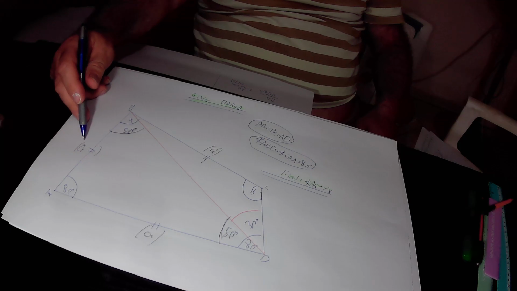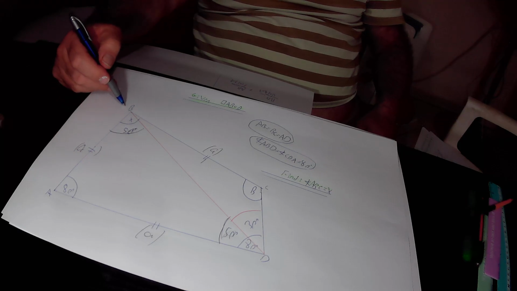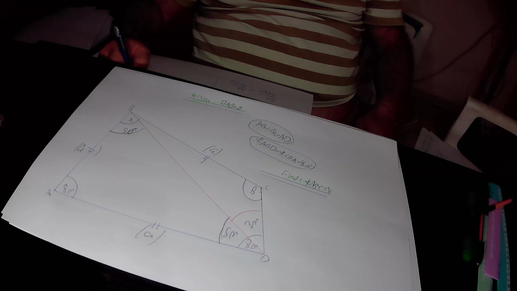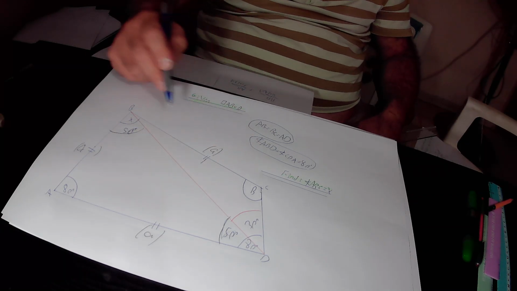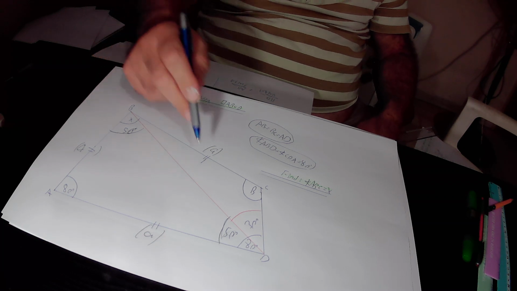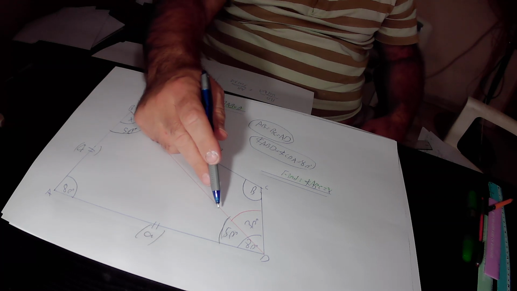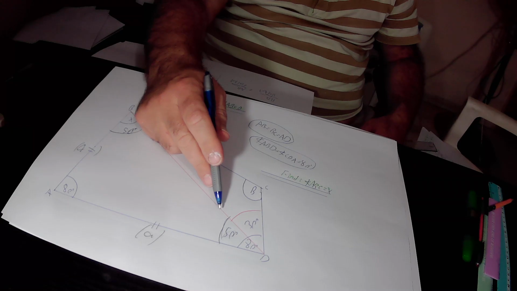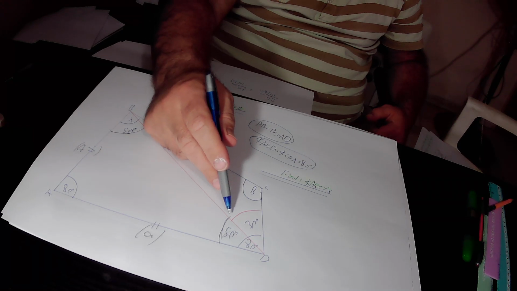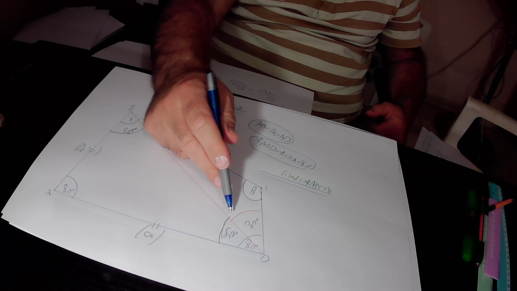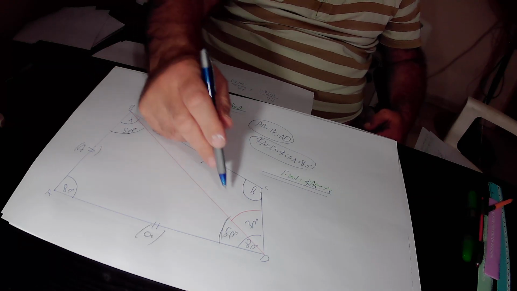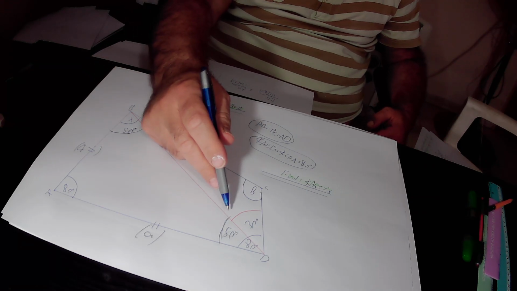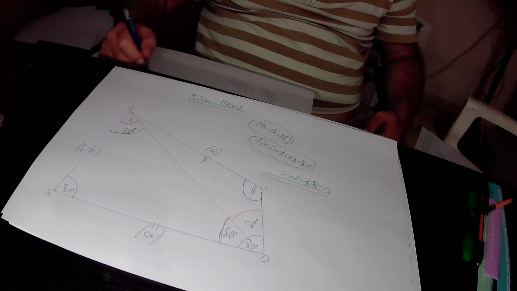AB is A according to our definition, so we'll substitute AB by A, over sine 50 degrees. We will substitute 50 degrees by 90 degrees minus 40 degrees, so sine 50 degrees is equal to sine 90 degrees minus 40 degrees.